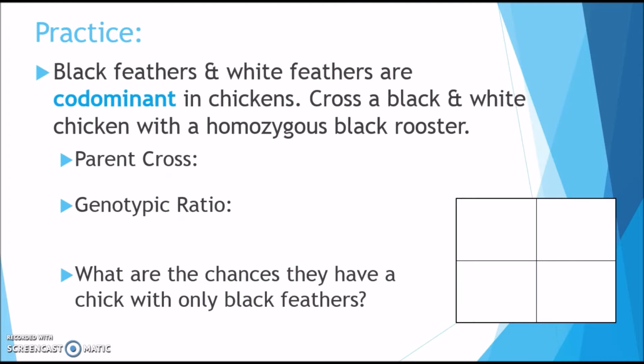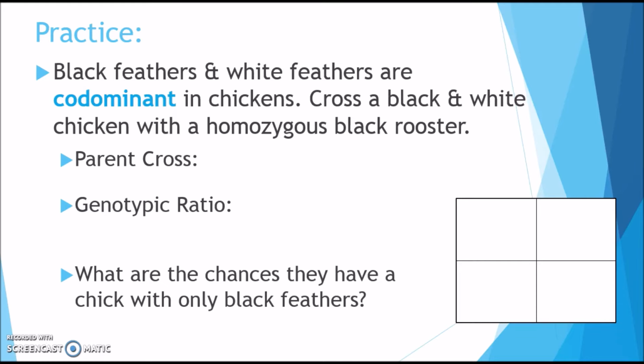Now let's try the practice. Okay, this practice says black feathers and white feathers are codominant in chickens, like we just talked about. So now we want to cross a black and white chicken with a homozygous black rooster.